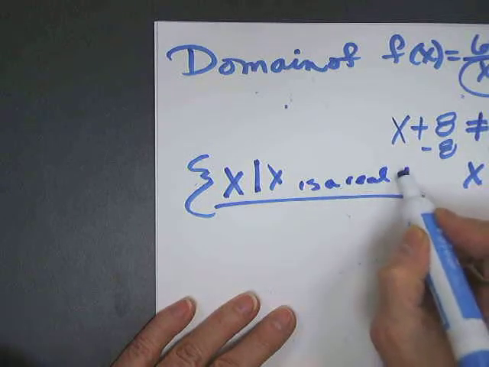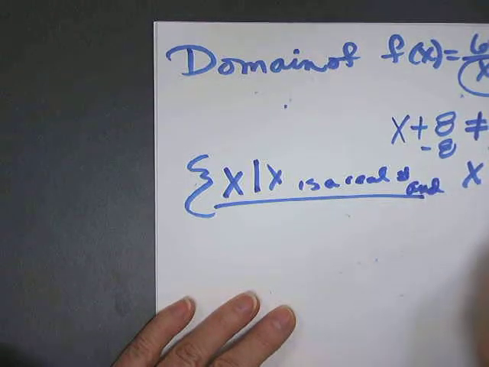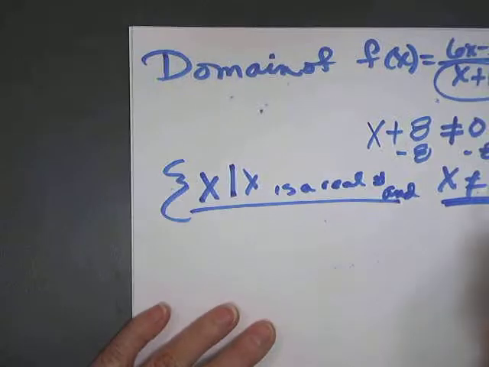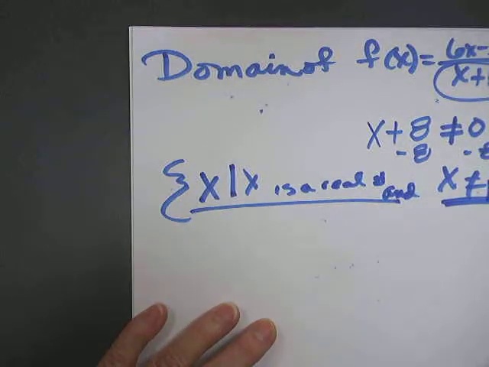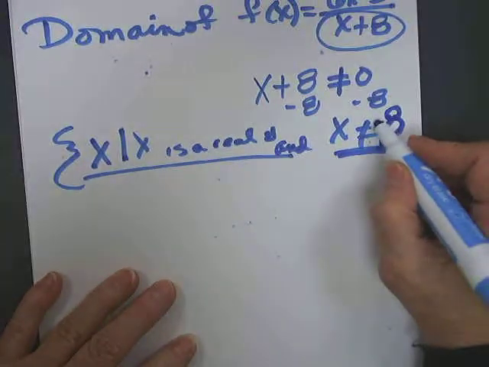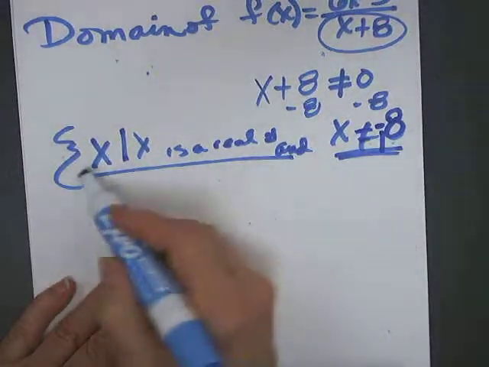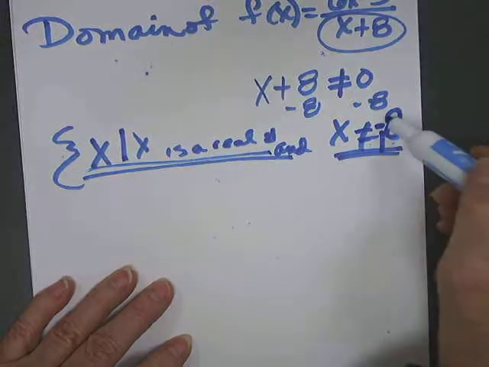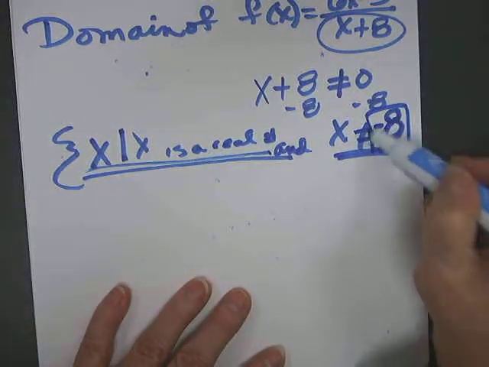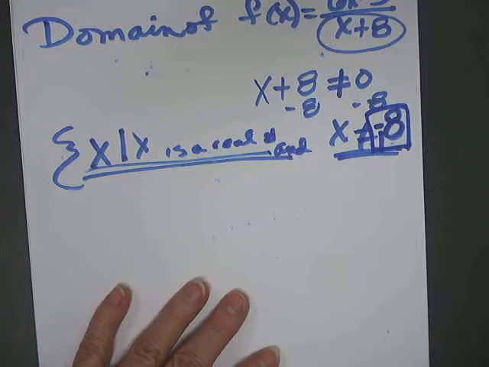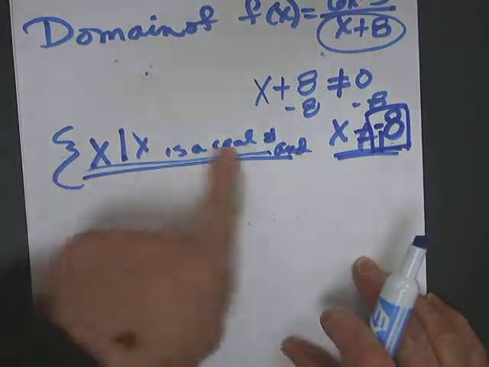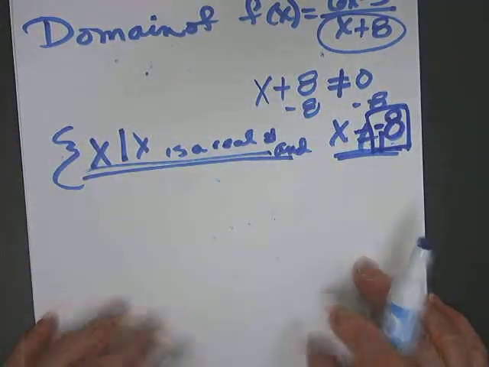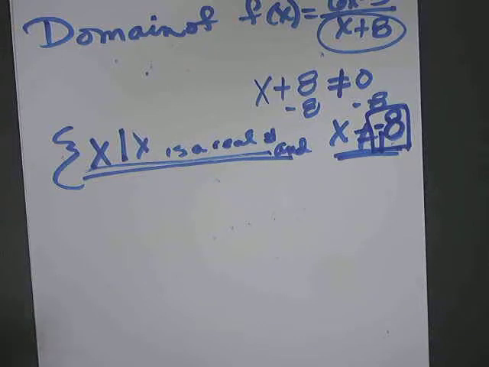What does the domain mean? X's, what can the x's be? Is there something that an x cannot be here? It can't make this 0, right? So it cannot be 0, because we can't make the denominator 0. So we say x cannot be 0.